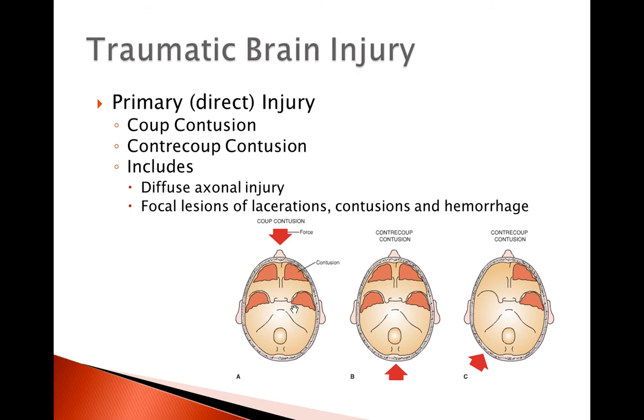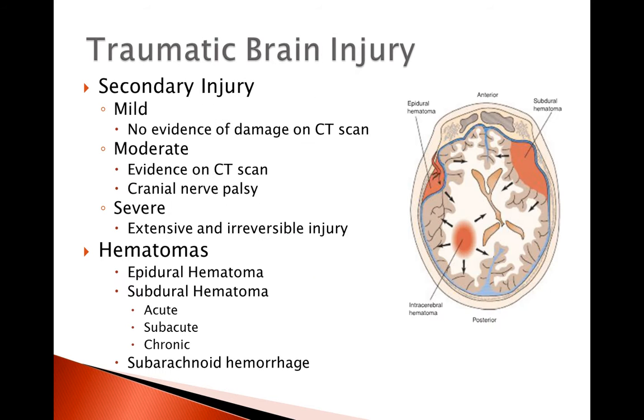Okay, now the secondary injury are the processes that develop and lead to cellular injury and death that occur because of the injury, more or less after the fact. So in other words, you have the actual impact, that's a physical damage, and then because of that physical damage, other things can start to develop that can lead to injury.